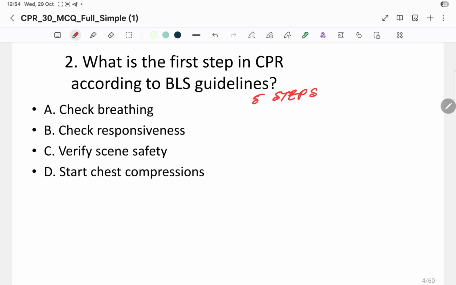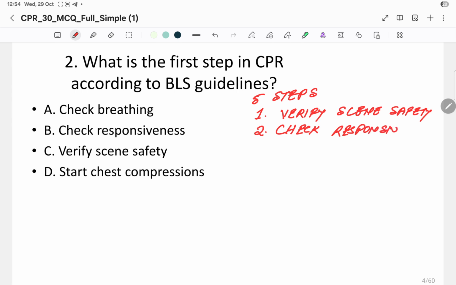First step is, step number 1 is verify scene safety. Step number 2, check responsiveness.